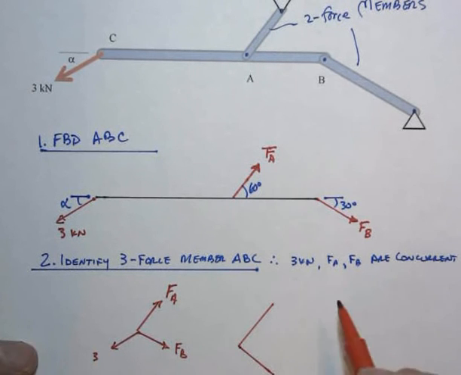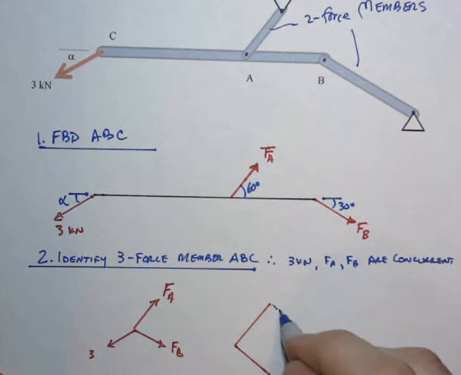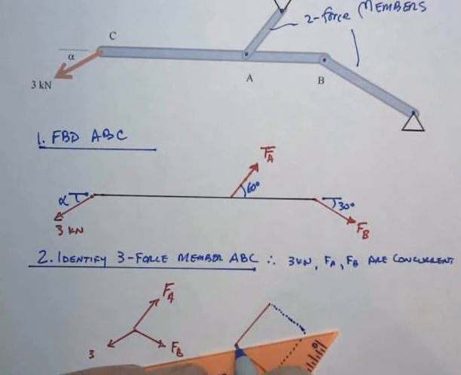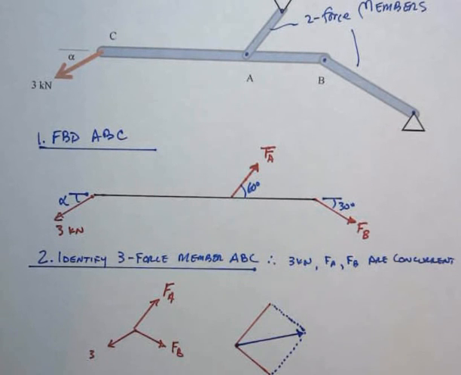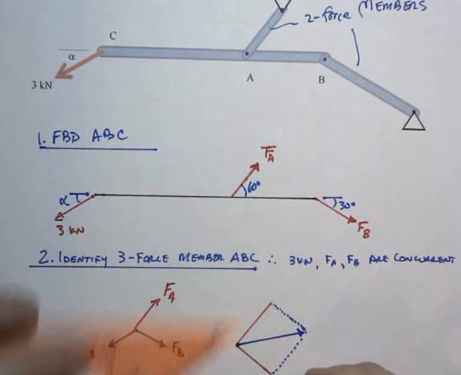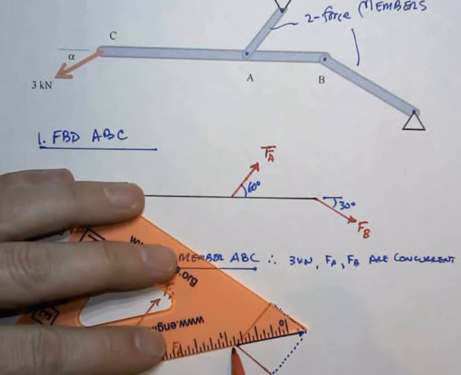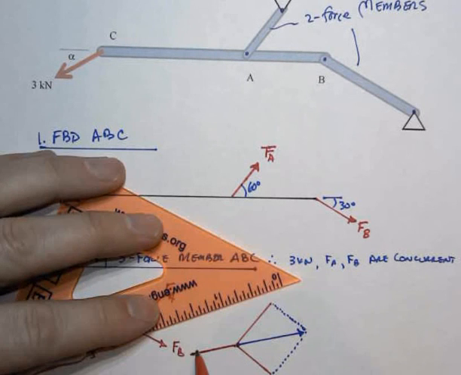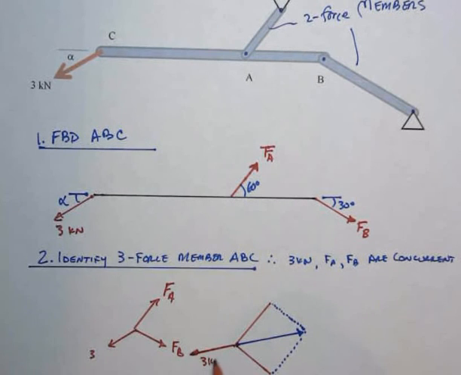All I know is that the 3 has to put this all into equilibrium. And so if I start thinking about how this all has to work, then what I could begin to do is think about the parallelogram construction of those two. The resultant of those two is going to be like that, and that means that our 3 kilonewton force has to be equal and opposite of those two. The buzzer, which is going off in the background, means that we've got to speed things up here. And that tells us a whole lot of interesting information, right?